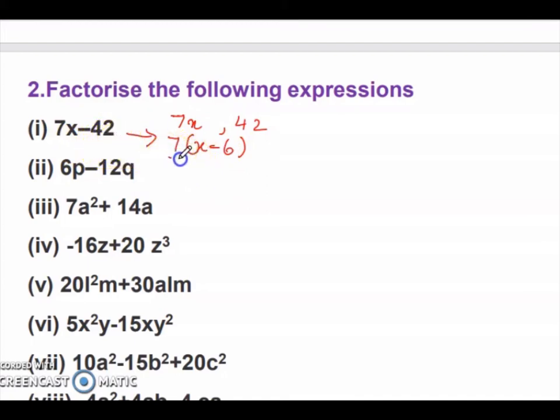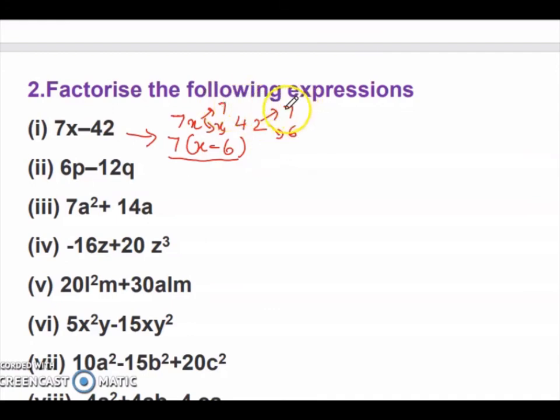So this is what you will be doing now. In all these expressions, you have to identify what is the common factor. Take the common factor outside the bracket and rest of the factors will be written inside this bracket. So here this can be written as 7 into x, 7 and x. And this can be written as 7 into 6.